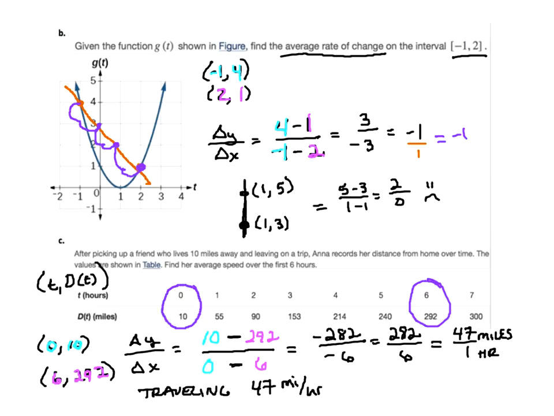Now, you can have a horizontal line. Okay, so let's say that this is the point 2, 4, and this is the point 5, 4. So we would have 4 minus 4 over 5 minus 2, which is 0 over 3, or 0. Your average rate of change is 0 because you're just remaining constant.